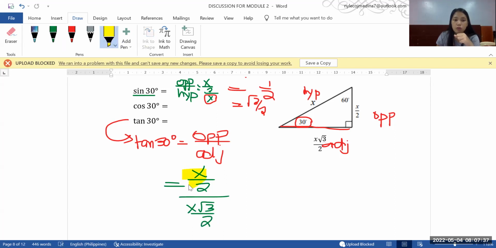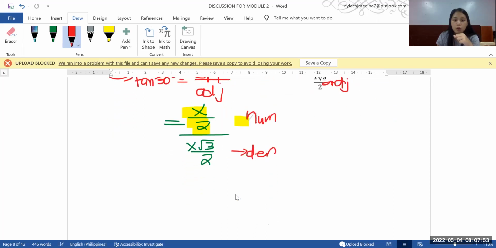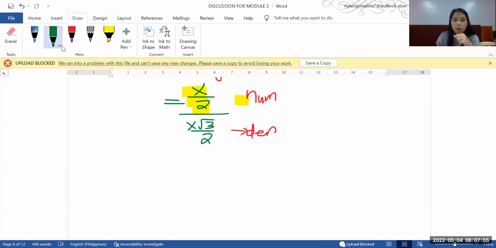Here this is the numerator, and this is your whole denominator. What you do first is copy your numerator times the reciprocal of your denominator.